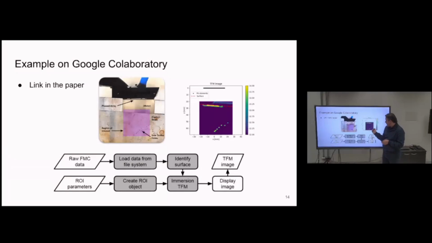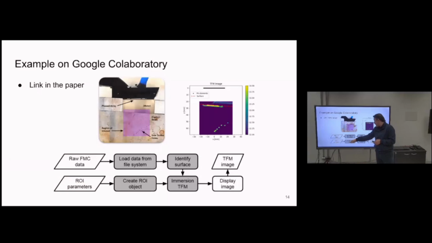So what happens here? The Panther system acquired the data. Our procedures for retrieving data load the data to the memory. Then we run the surface identification procedure to find the surface.